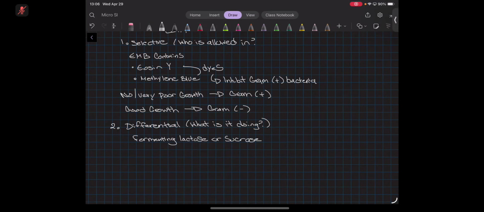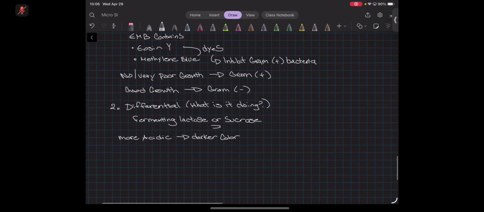Both of these sugars are on this agar, lactose or sucrose. It's not and, it's or. So more acidic, you get a darker color because the acid mixes with the dyes.